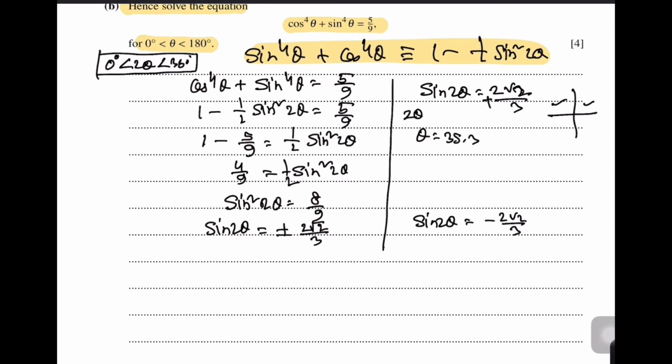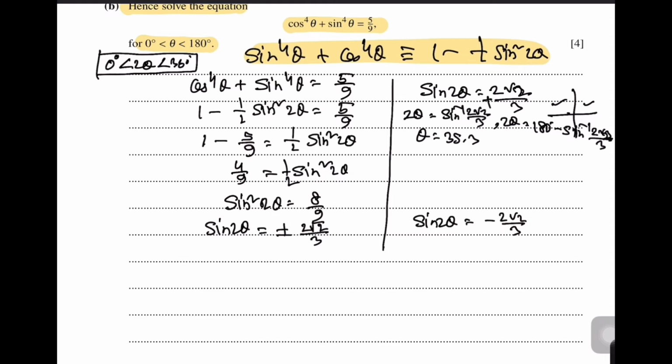I got 2 theta equals sin inverse 2 root 2 divided by 3. Another one is 2 theta equals 180 degree minus sin inverse 2 root 2 divided by 3.